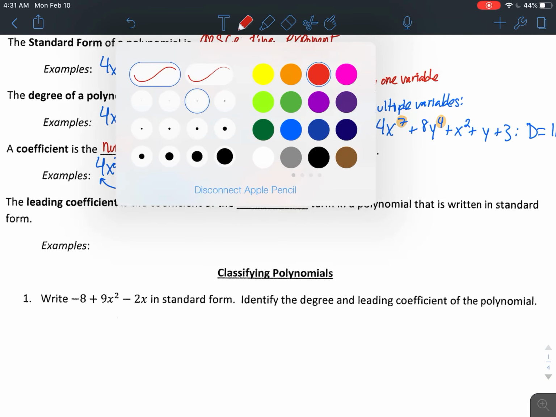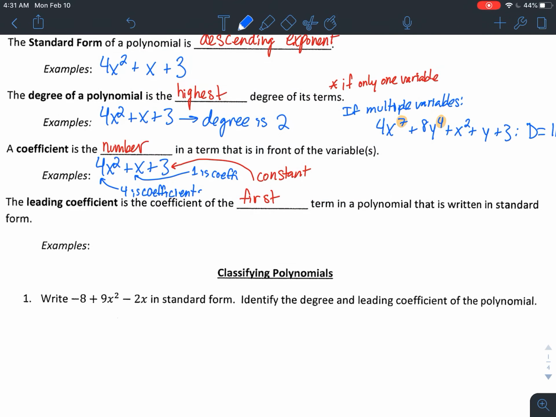So again, if I reuse the same one I've been using, 4x squared plus x plus 3, its lead coefficient, which I a lot of times just abbreviate to LC, in this case is 4. I put it in standard form. That very first thing you see, that first number, that's the leading coefficient. So in this case, 4.